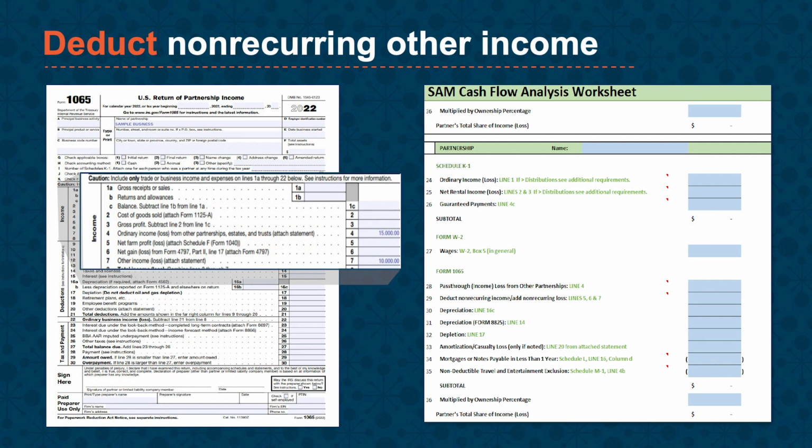If, however, you determine that the other income is non-reoccurring, it will need to be deducted. If pass-through income of $15,000 is non-recurring, subtract the $15,000 from the worksheet. If other income of $10,000 is non-recurring, subtract the $10,000 from the worksheet.